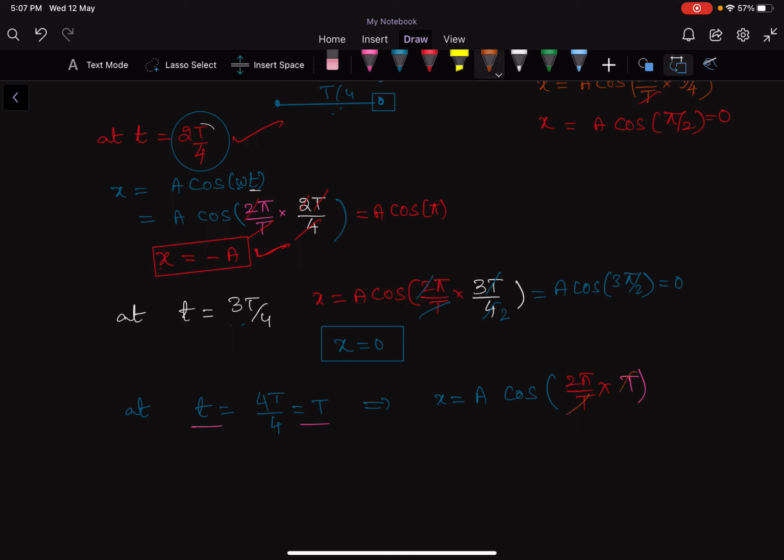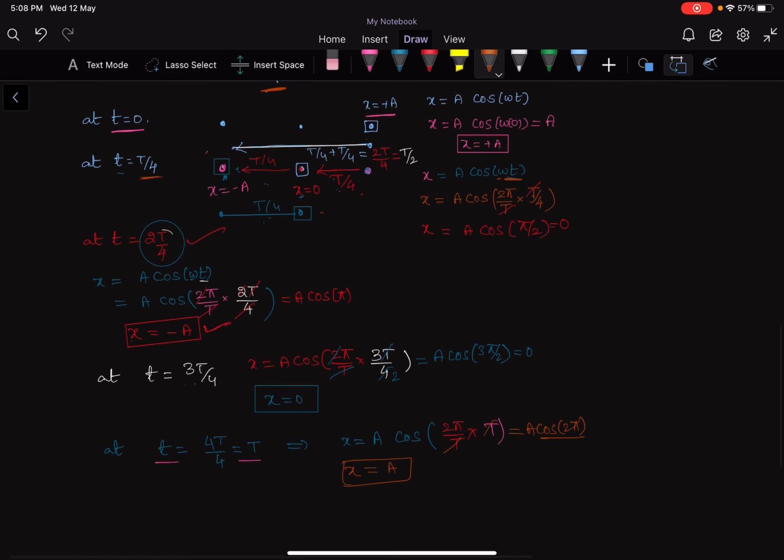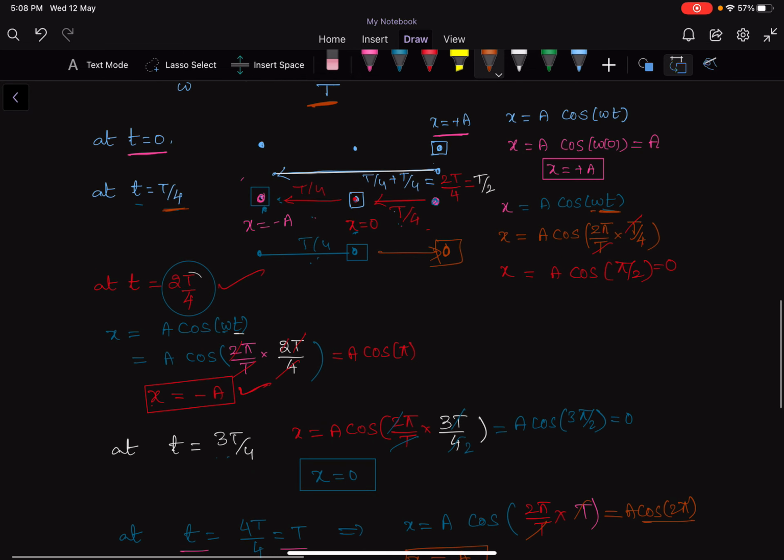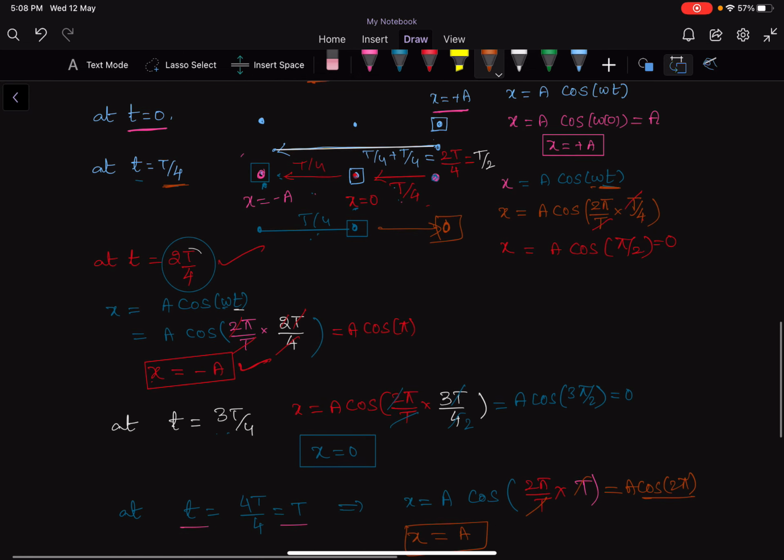So simply A cos 2 pi. That is x equal to cos 2 pi, which is 1, 1 into A is nothing but A. After T by 4 seconds again, the particle will be at positive extremum.